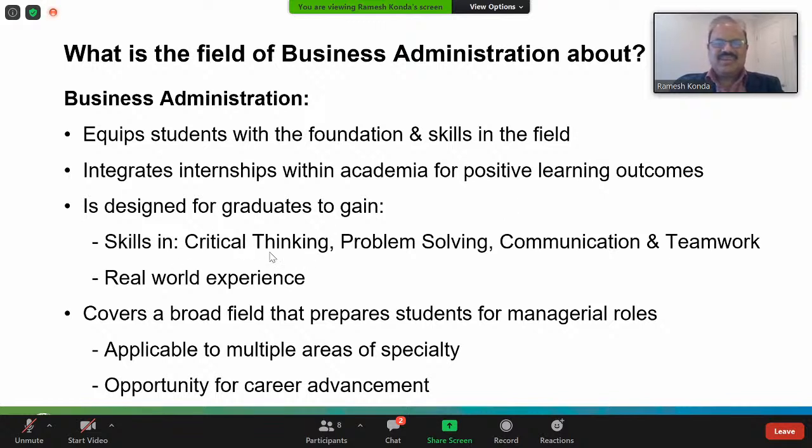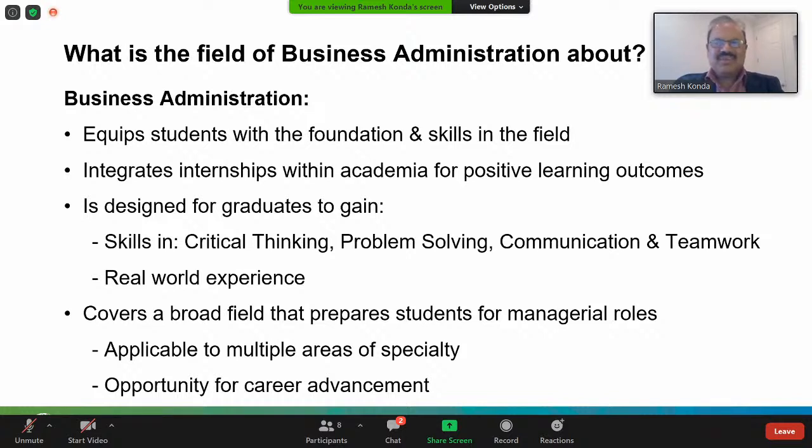Always you need critical thinking, problem solving, communication, and teamwork. I tell my students, take Microsoft or Google or Intel, whatever the top five companies are, and ask the CEOs the number one problem they are facing.